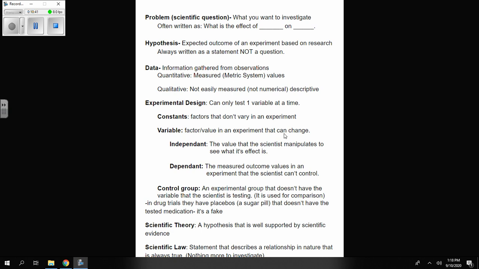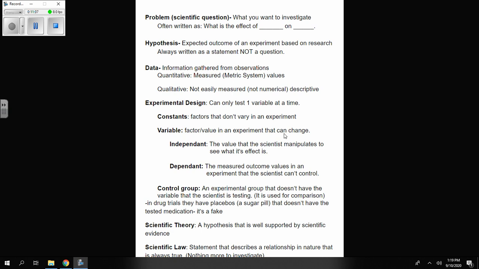Pot B gets fertilizer. What are some constants? The soil, the pot, the type of plant, the size of the plant, water, sun. The variable. What changed from setup A to setup B? The fertilizer.